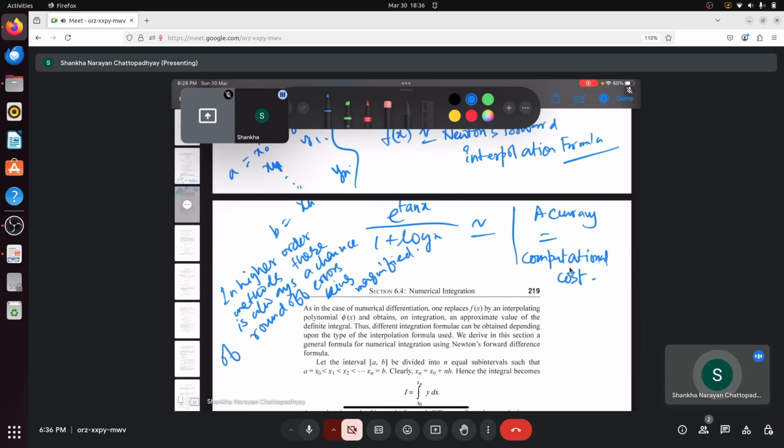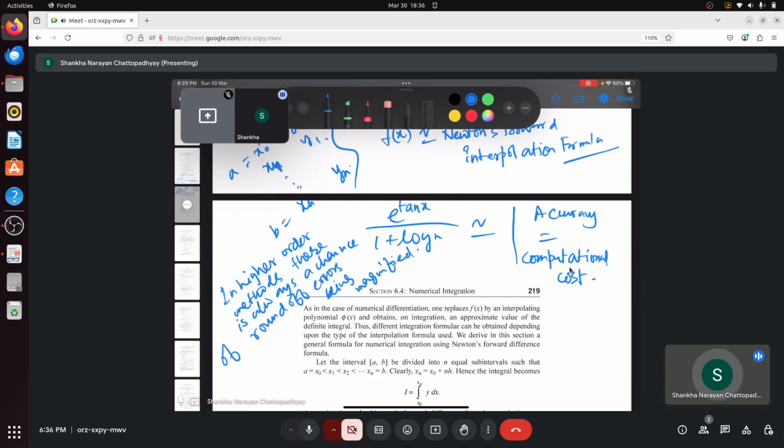Your computer or your memory can only handle a finite number of terms. Now if you round off those finite number of terms repetitively, then what may happen? The round off error may be magnified. So this means that you need to sacrifice some amount of accuracy for the sake of minimizing round off error.